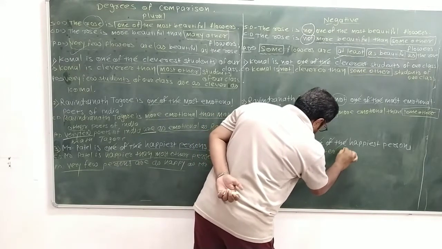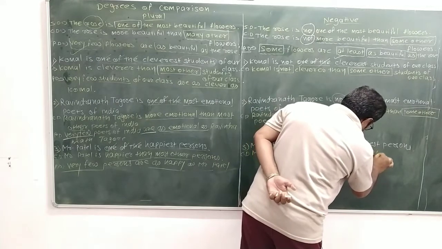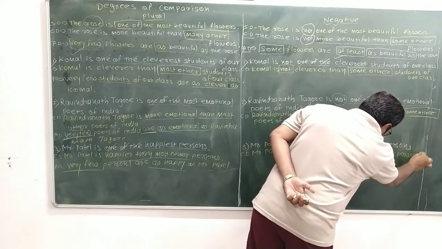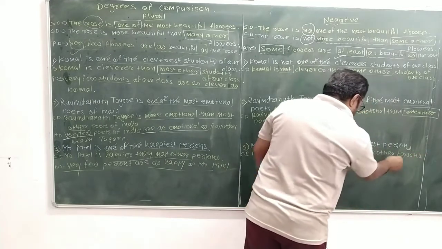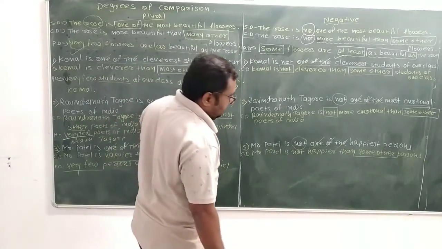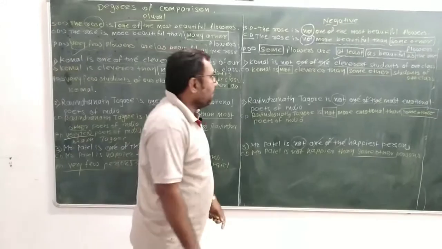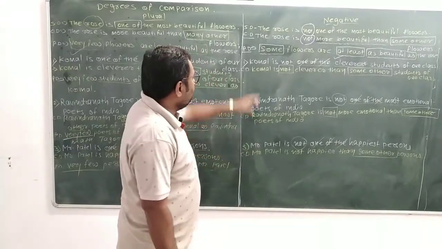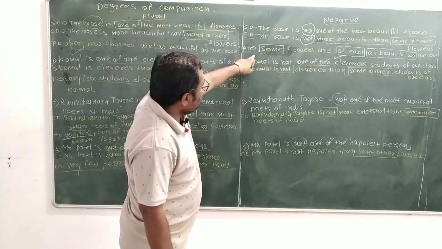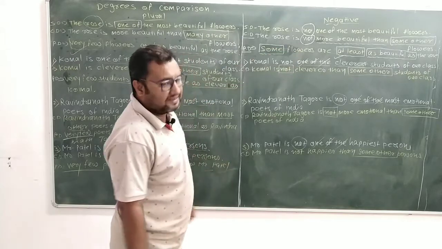Mr. Patel is not happier than some other persons. So Mr. Patel is not happier than some other persons. So here we make the comparative degree of negative sentences. Now we try to make the positive degree. So let's see the structure. Some are at least as.